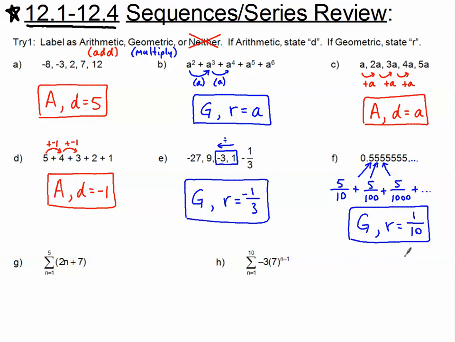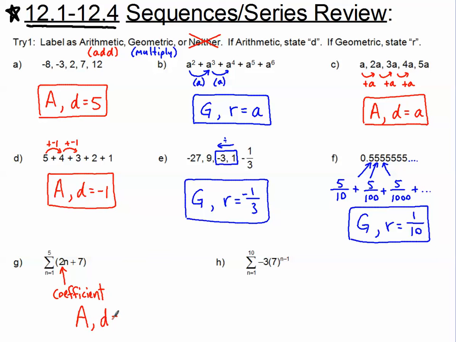And then my final two problems are sigma notations, and I want you to understand which one is arithmetic and which one is geometric. The clue that we've been talking about to notice that it's arithmetic is if there is a coefficient, a number multiplied to n. Since this is a coefficient, this is going to be an arithmetic pattern.